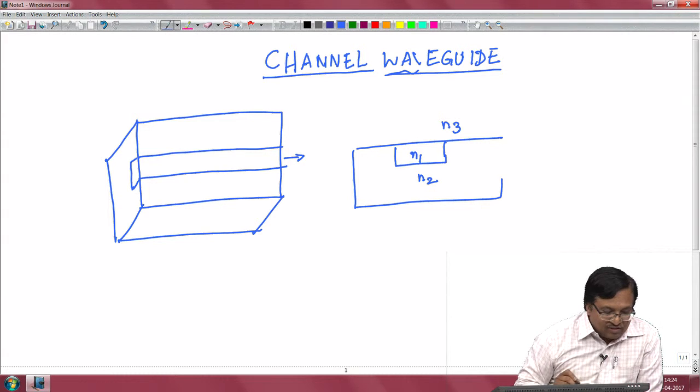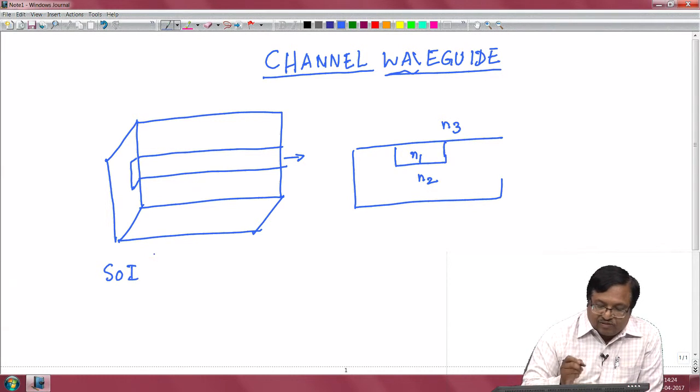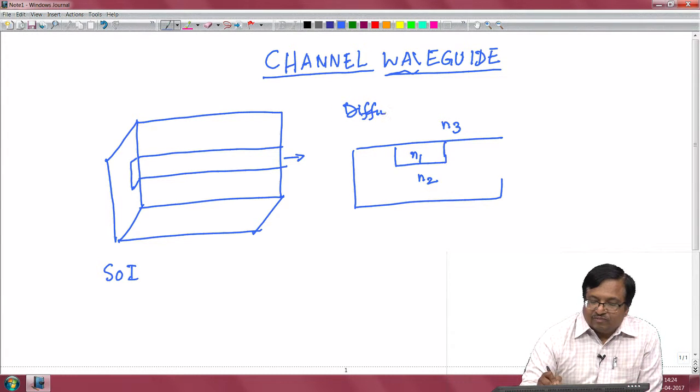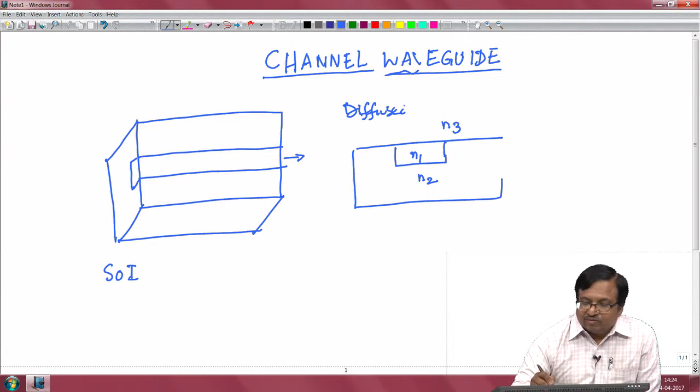There are many other important configurations depending on the technology that we use to fabricate these devices. For example, the most popular being the silicon technology, where you have SOI waveguides. This one for example can be called a diffused or buried waveguide.